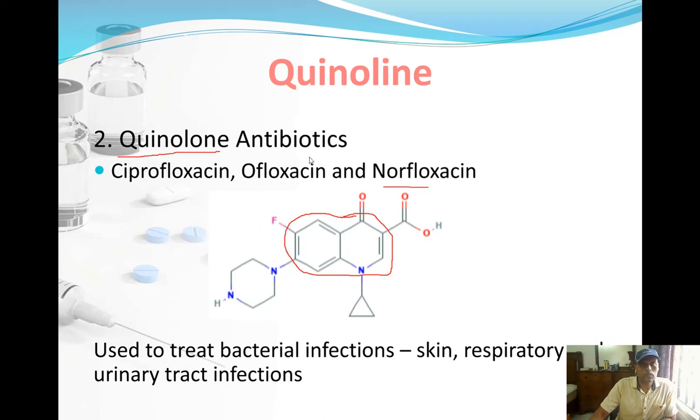Ciprofloxacin, ofloxacin, and norfloxacin are the derivatives of the quinoline ring, and these drugs are used in bacterial infections, especially in cases of skin, respiratory, and urinary tract infections. They are used a lot, right? They are used in typhoid fever, right, and other such conditions.